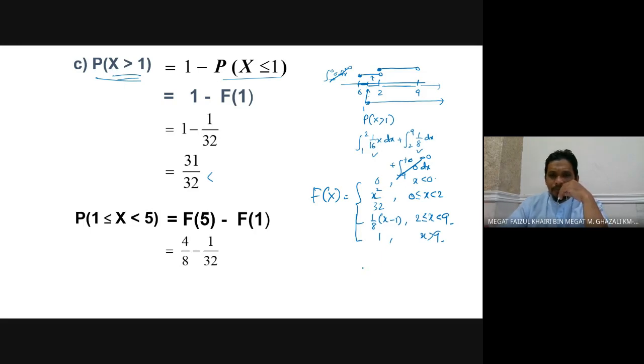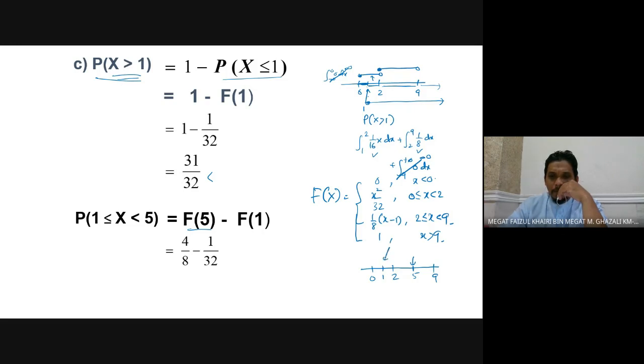So now, from 0 until 2, and then 9 here, F5 is somewhere around here, which is 5. Okay, and F1 is somewhere around here.